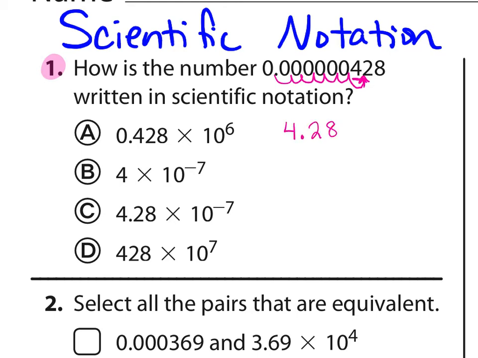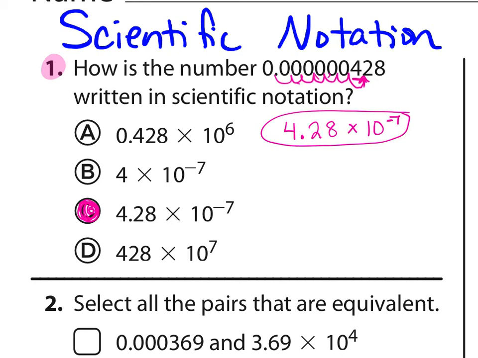I'm keeping every digit there that was not just straight zeros. And I'm going to multiply it by a power of 10. It moved 1, 2, 3, 4, 5, 6, 7 places. And it was a very small number, so it's negative because it was less than 0. So we get 4.28 times 10 to the negative 7th power.